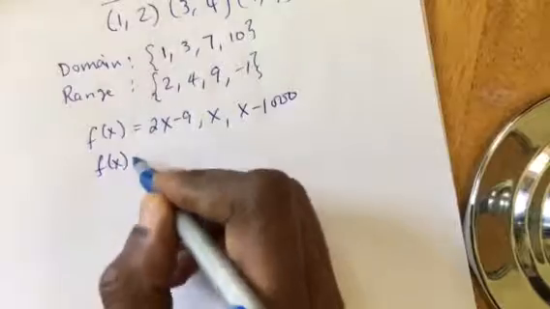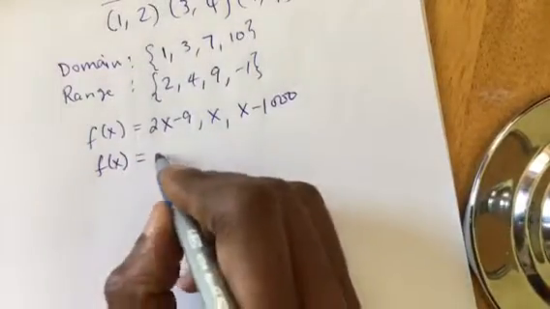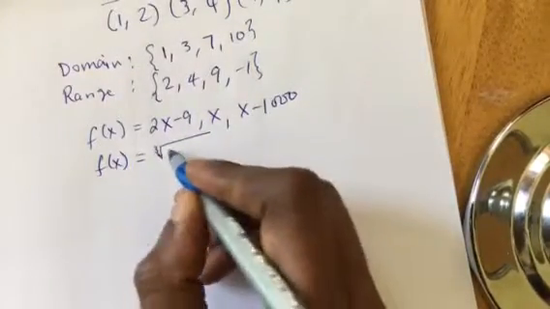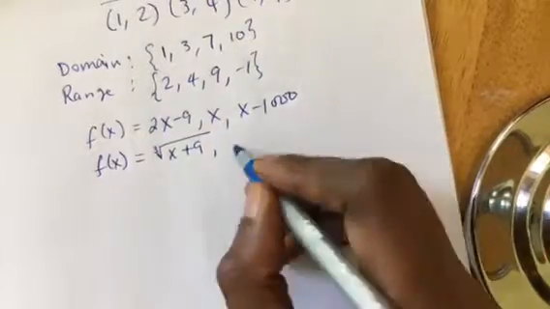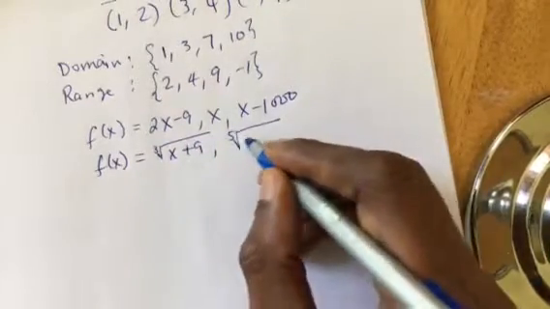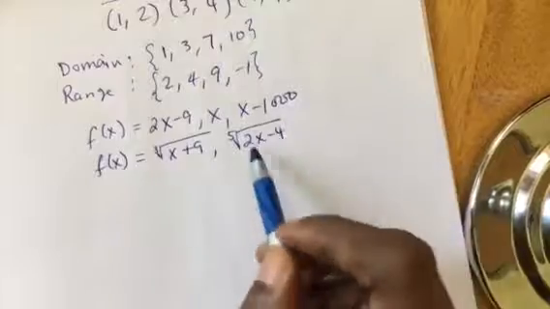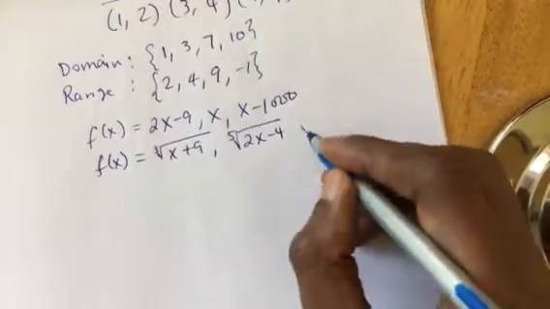Or it might be in this format, cube root of something, x plus 9, or fifth root of something, 2x minus 4, as long as the index is odd.